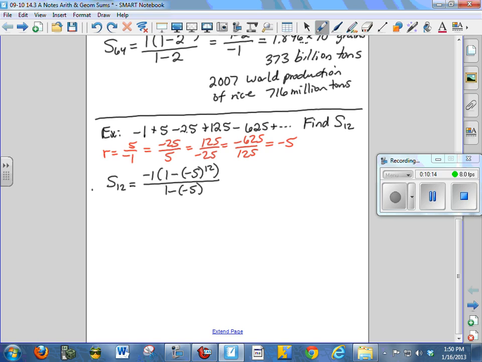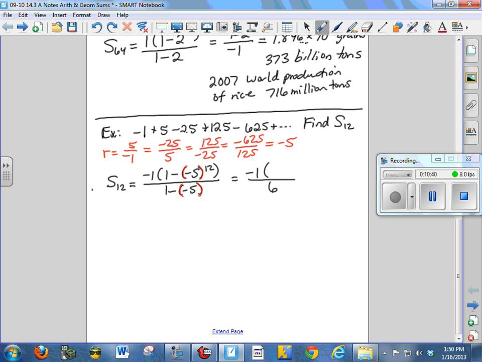Now I want to emphasize that these parentheses I'm writing around the negative 5 are not just decorative, they are very important. In the denominator, we have 1 minus a negative 5, which becomes 6. In the numerator, we have 1 minus negative 5 to the 12th. Now the question is, is that a negative number or a positive number?